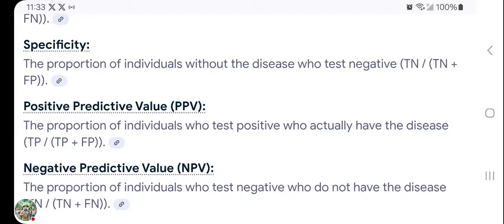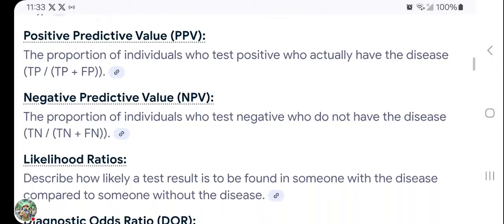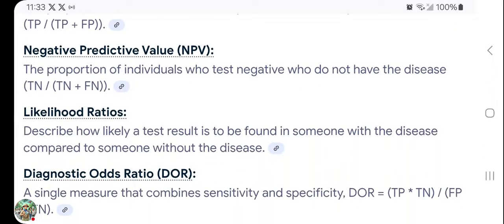So it equals true positive over true positive plus false positive, which is cell number 1 over cell number 1 plus cell number 2. Now negative predictive value, NPV, is the proportion of individuals who test negative who do not have the disease. It is true negative over true negative plus false negative, which is cell number 4 over cell number 4 plus cell number 3.